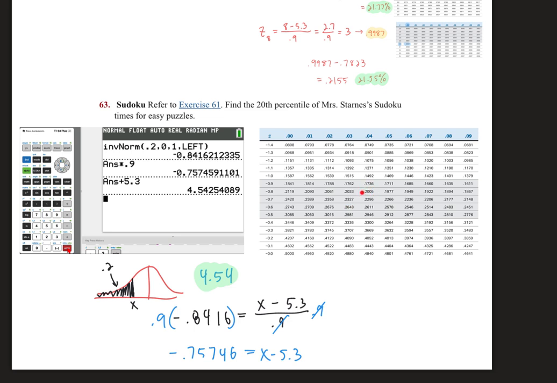It's maybe this one here. 0.2005, and now look at the z-score associated with that. Notice that's negative 0.84. And think about it, that's almost the exact same z-score that we got from the calculator.